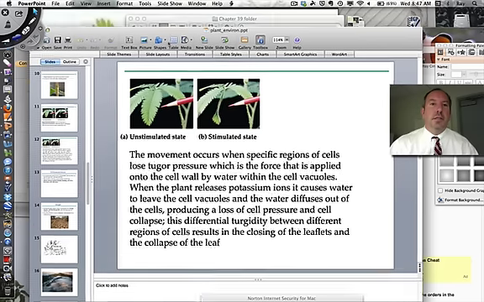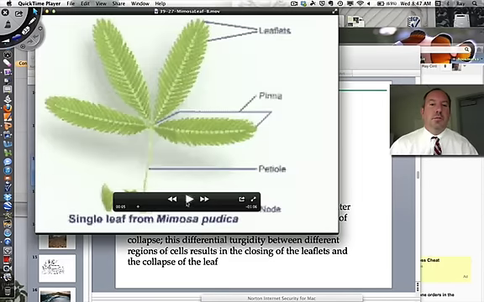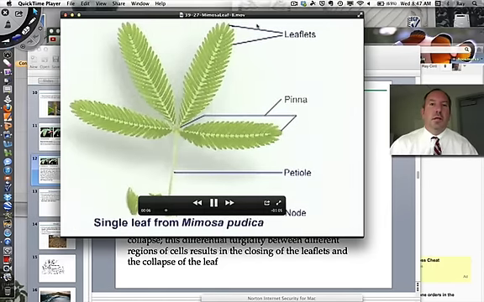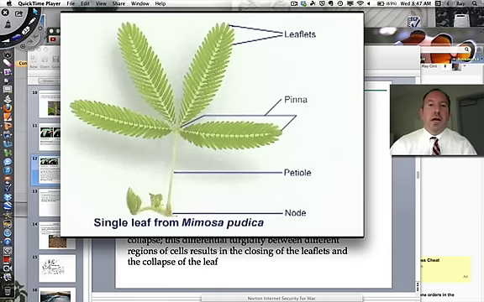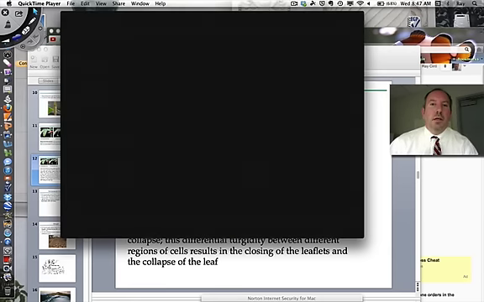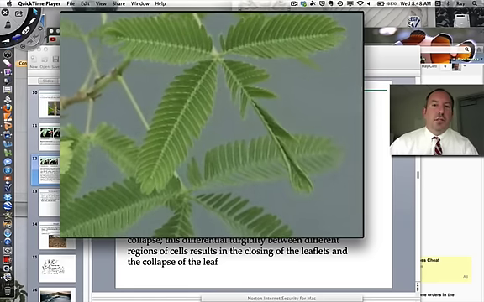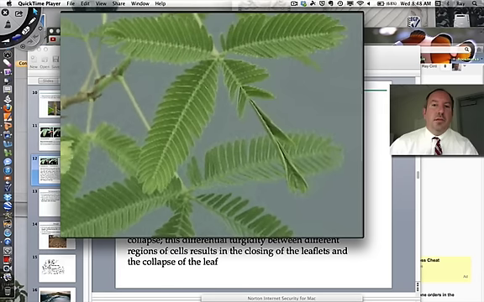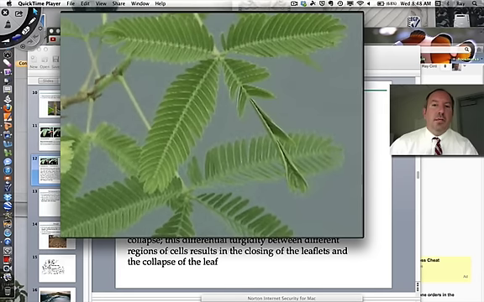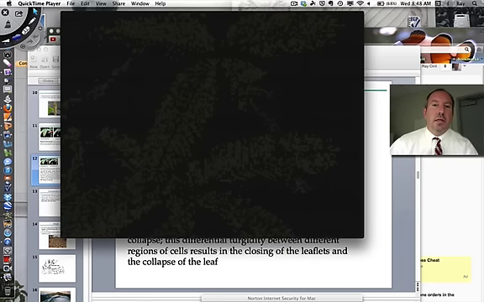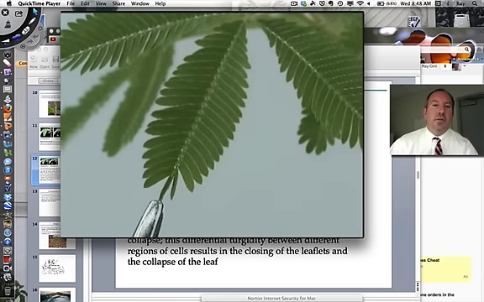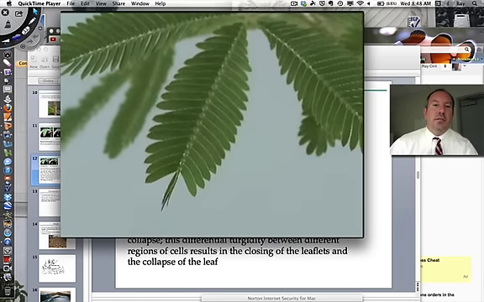What's really cool about this, if you've ever seen this before, is, okay, here's just a diagram of what we're dealing with here. When something touches it, like where something brushes against it mechanically, it's what we call an action potential, because it generates a cascade.